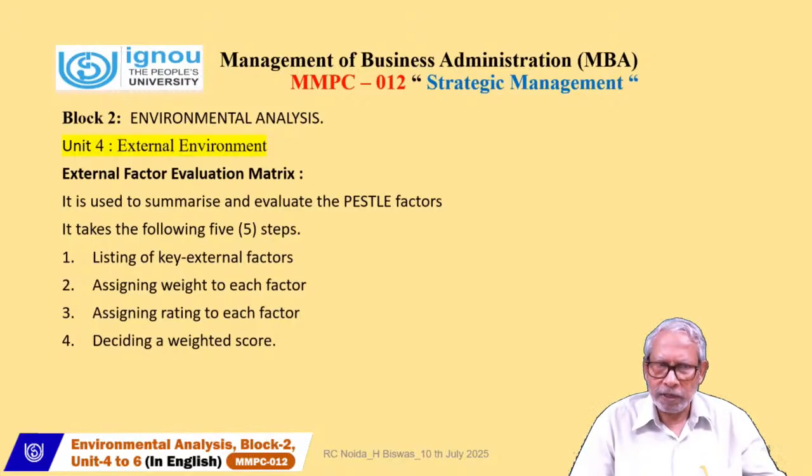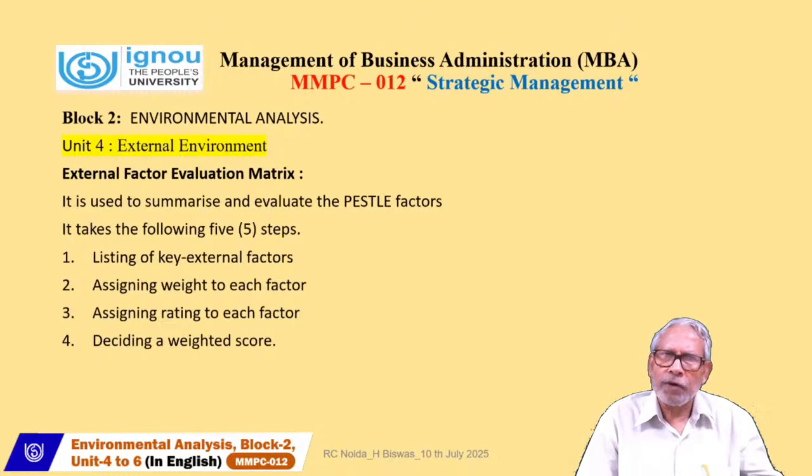How much weight or value each we have to see. Then assigning the ratings of each factor. The rate of occurrence you have to see. Then deciding a weighted score. This is the evaluation part of your external factors.